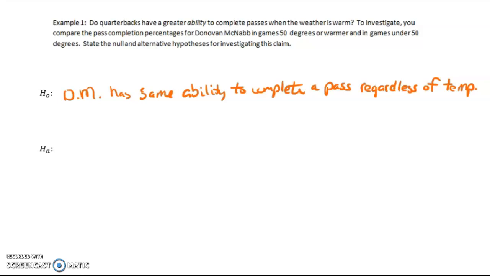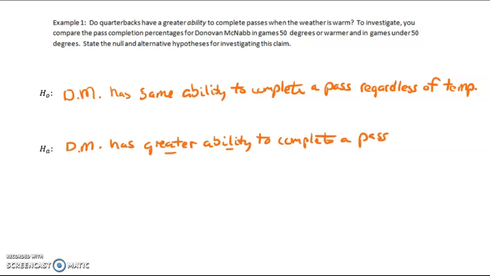And then for the Ha, we're going to say he has a greater ability to complete a pass when the weather, be specific here, is 50 degrees or warmer.